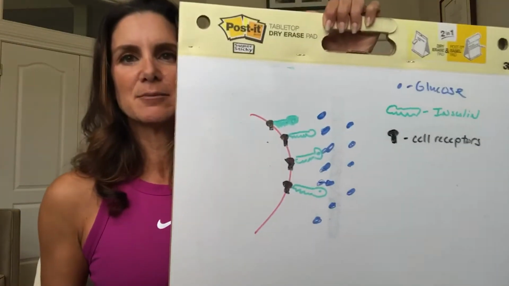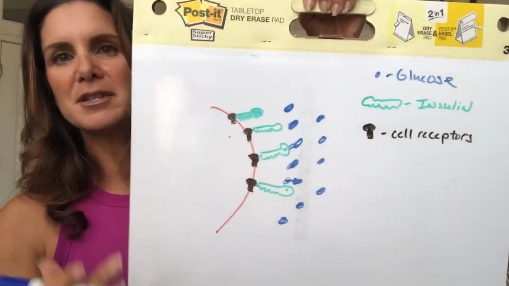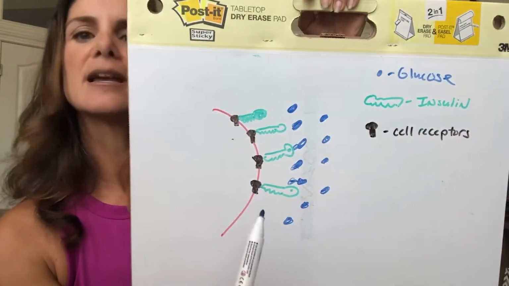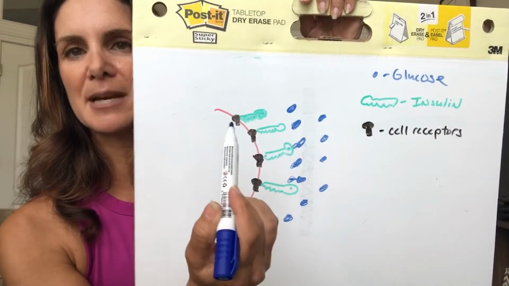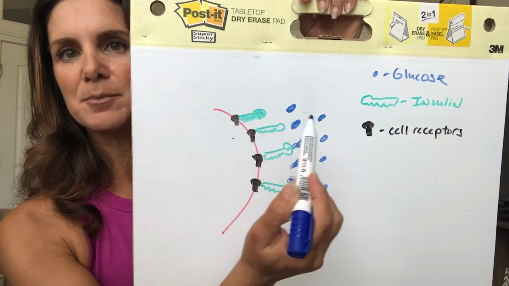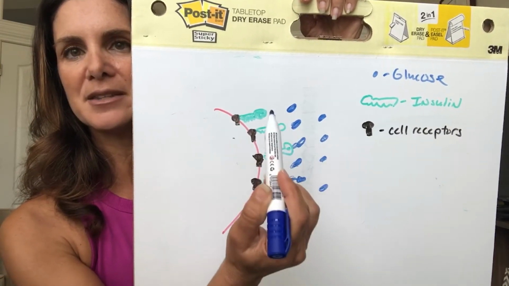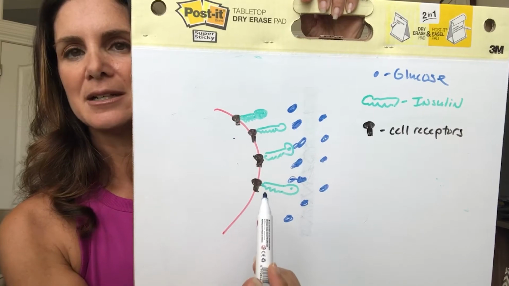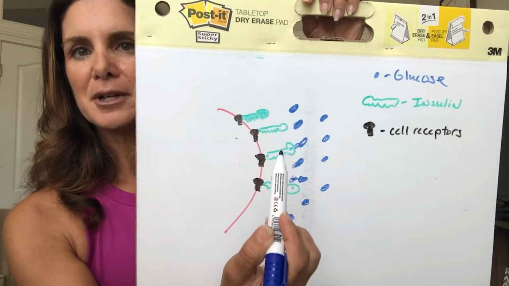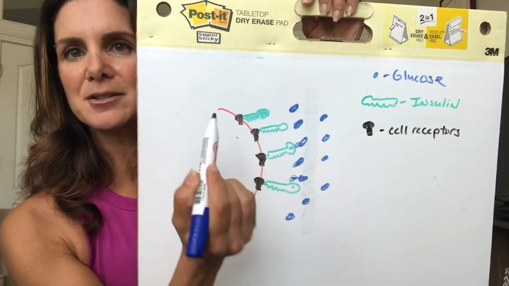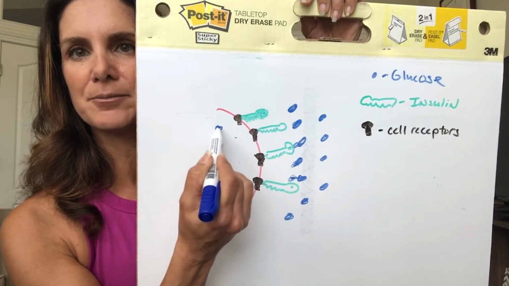But let's take a closer look at insulin and insulin resistance. We're going to use this board here. This red outline is the cell, and these black keyholes are receptors for glucose, and the blue is glucose, and then these green keys are insulin. So insulin is the key that allows glucose to enter into the cell.